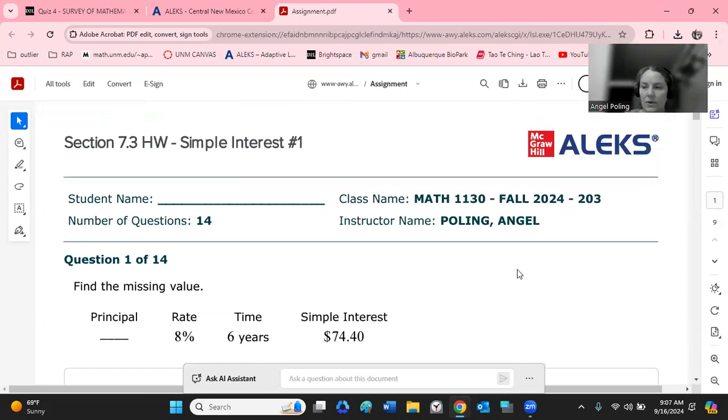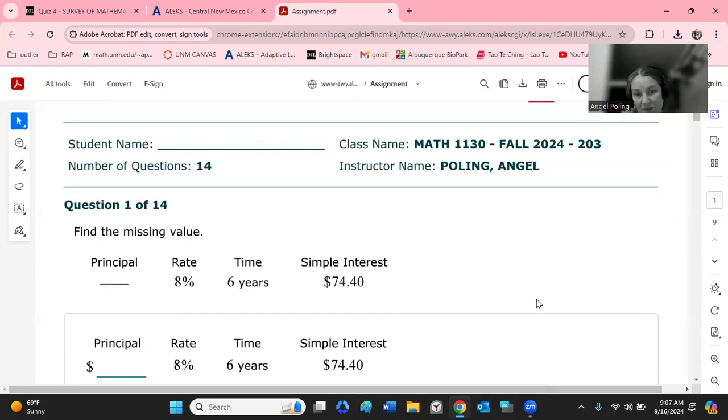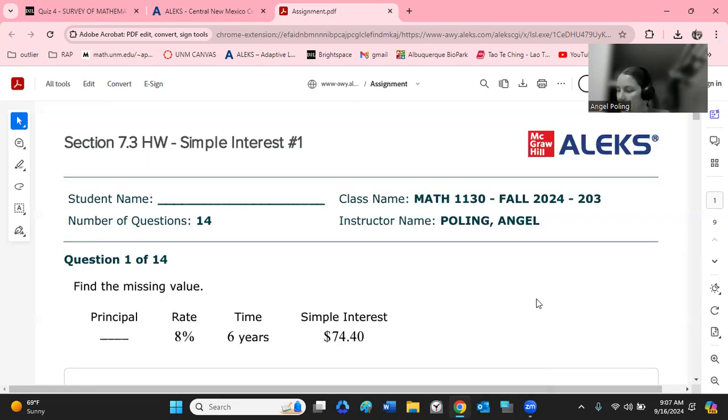Okay, so on number 1, they want us to find the missing value, which is P. They're asking us to use the I equals PRT formula, where we have an unknown amount for P. The rate in decimal form is 0.08. The time is 6.